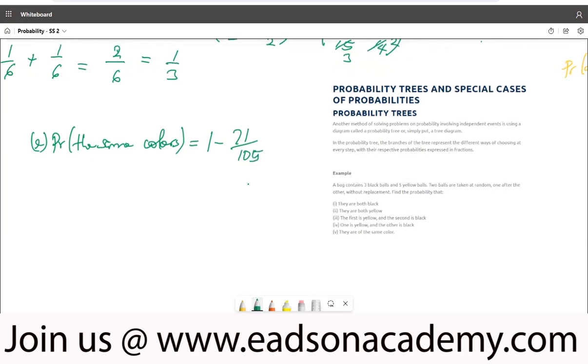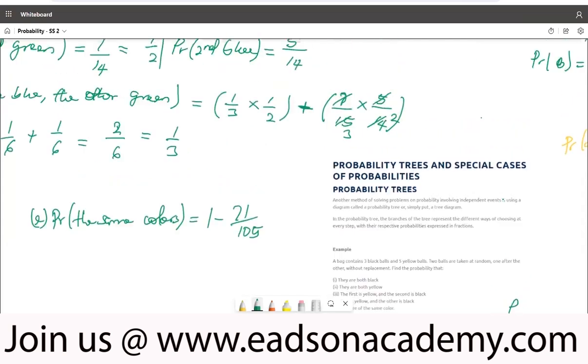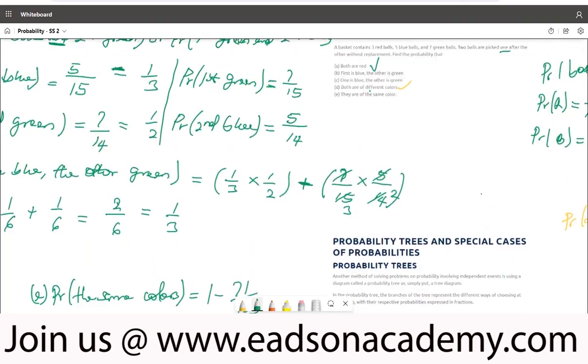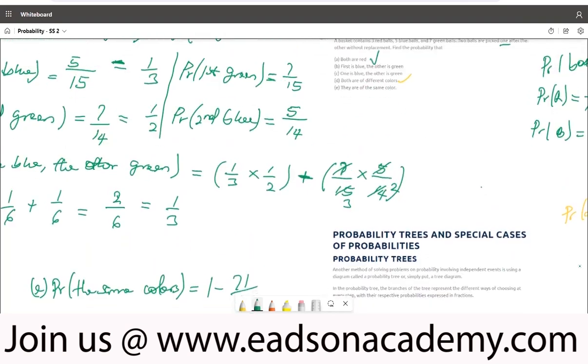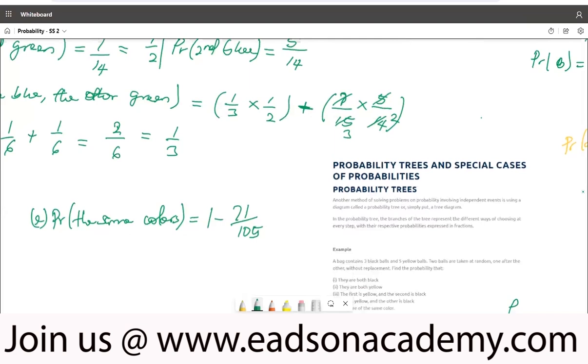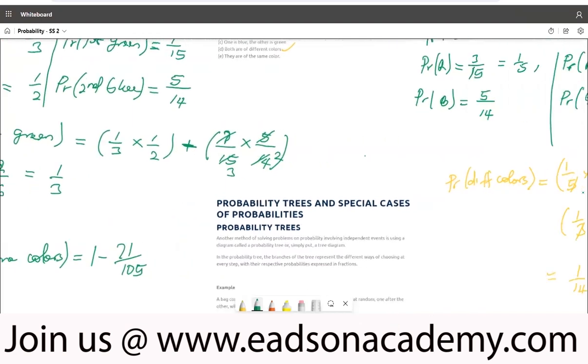Again, let me reiterate that. We said that if the probability that an event will occur is P, the probability that it will not occur is 1 minus P. So the probability that these balls are of different color, that is question D, we have calculated that to be 71 over 105.